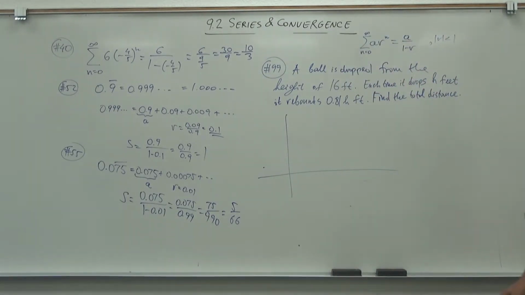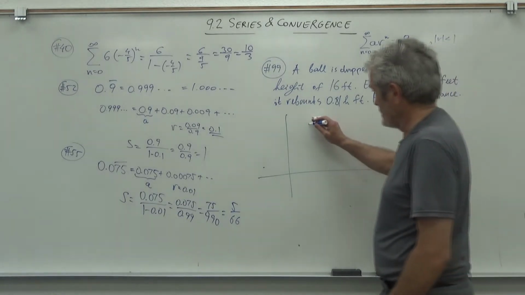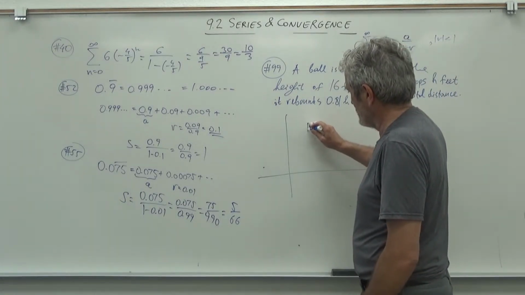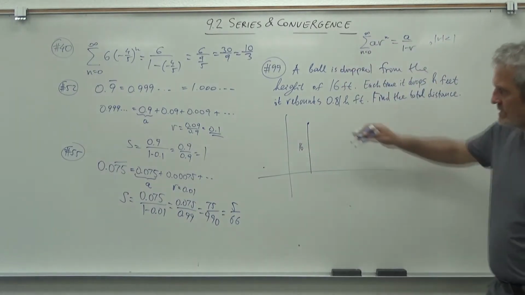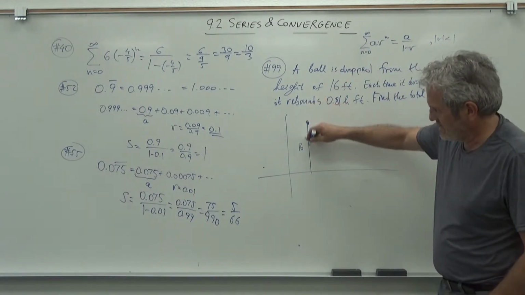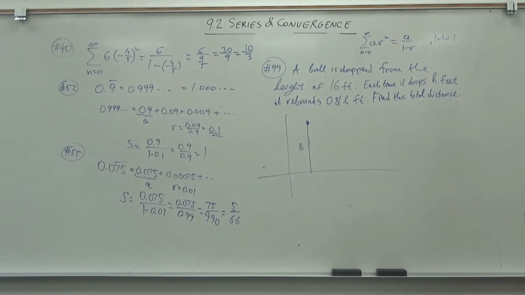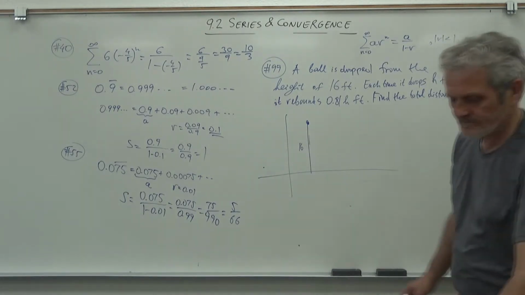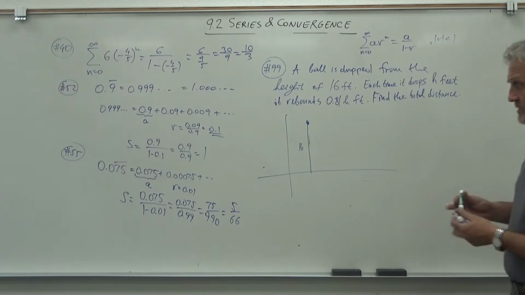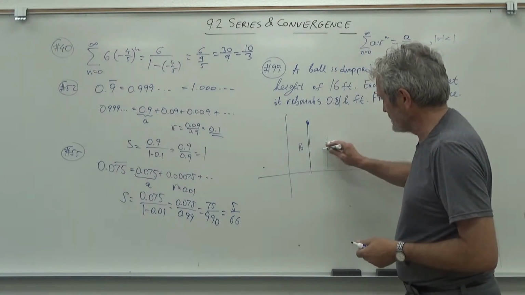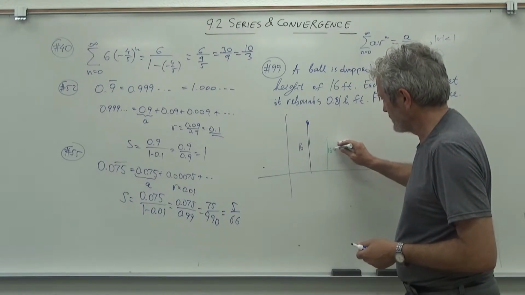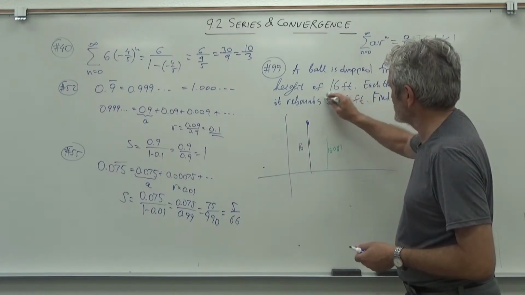So here's the story. In the beginning, our ball covers these 16 feet. So here it goes down by 16 feet, and that's the first distance it covers. Now it rebounds, and that rebound is 16 times 0.81, according to this information.